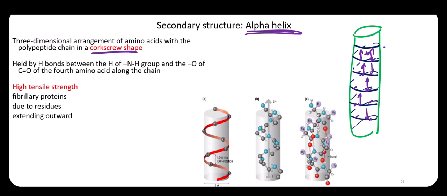One of the things you're going to hear about an alpha helix is that it's a very strong structure, characteristic of fibrous proteins. But let's talk about strong for a minute. When I say strong in reference to my alpha helix, I mean tensile strength. Let's picture a pencil.